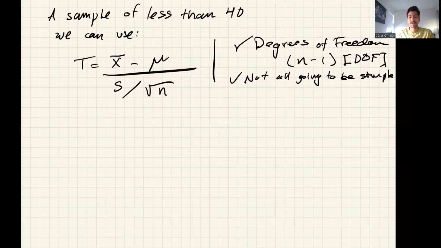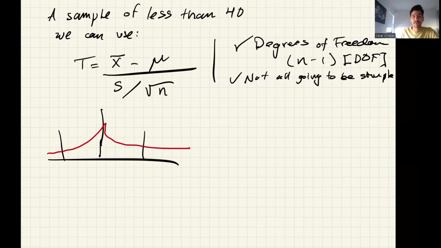But if we made a chart with our limits and we have 1 degree of freedom, the chart is going to look something like this. If we have 2 degrees of freedom, the chart is going to look almost the same. But if we have 40 degrees of freedom, or more, we start seeing the form of the graph that we are used to.